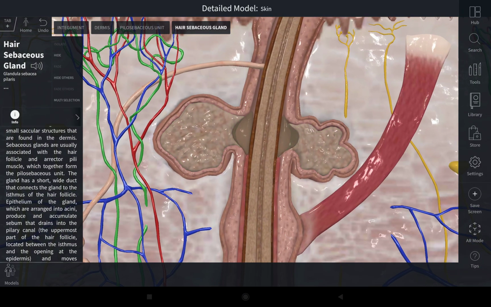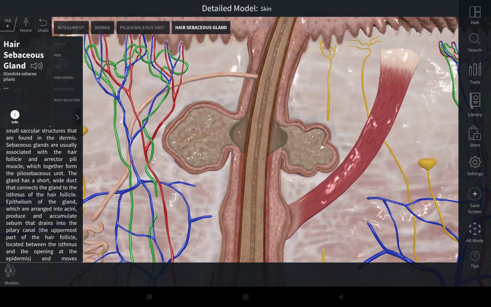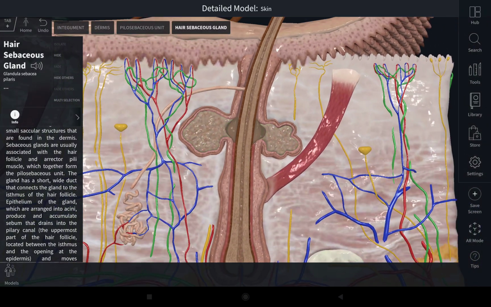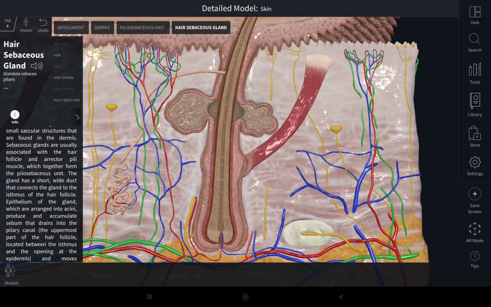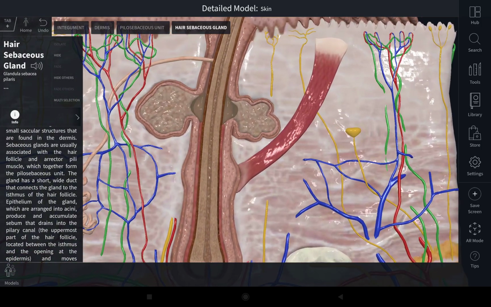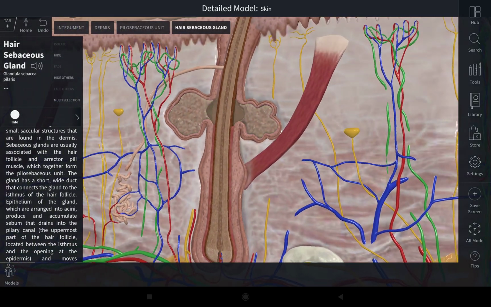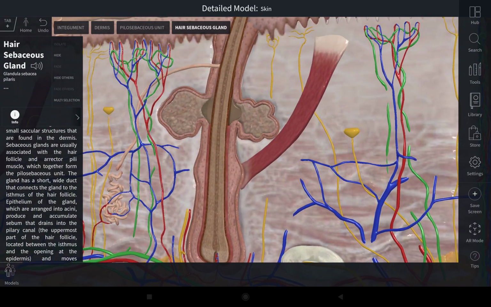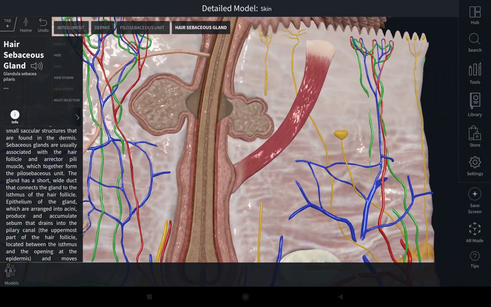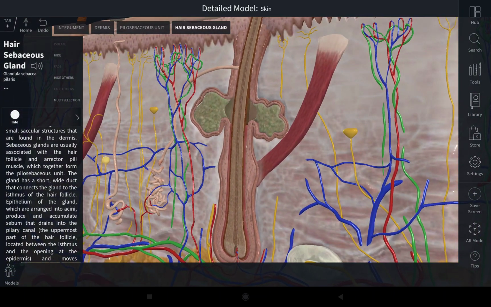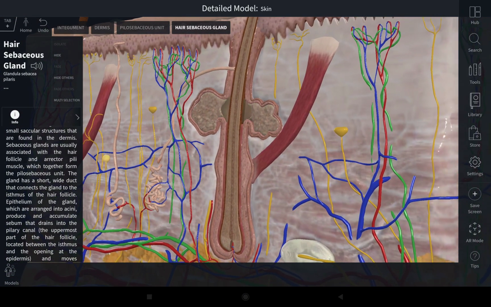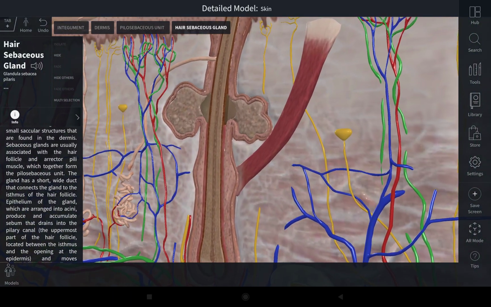Sebaceous glands are usually associated with the hair follicle and arrector pili muscle, which together form the pilosebaceous unit. The gland has a short, white duct that connects the gland to the isthmus of the hair follicle. Epithelium of the gland, which is arranged into acini, produces and accumulates sebum that drains into the pilosebaceous canal.